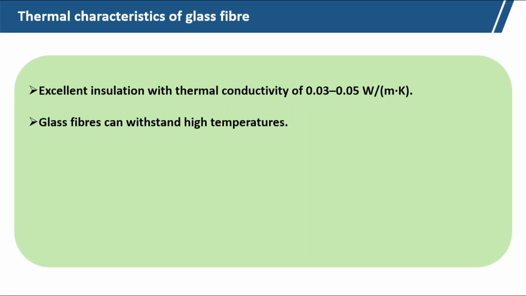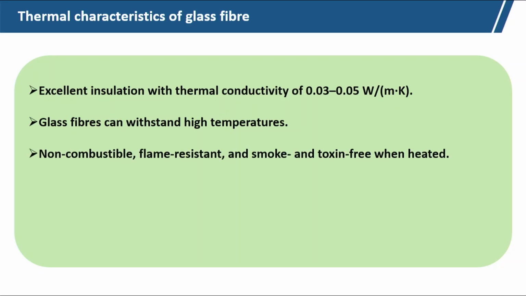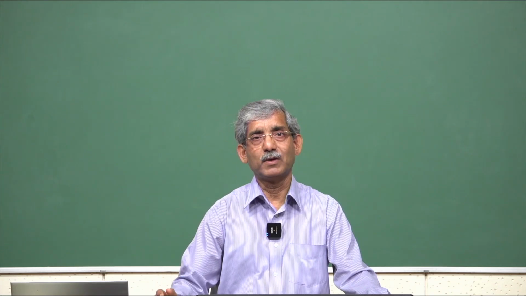Glass fibers can withstand high temperature, non-combustible, flame resistant and smoke and toxin free when heated. So, when they are heated, they do not generate smoke or toxin. So, that is why it can be used for high temperature application.